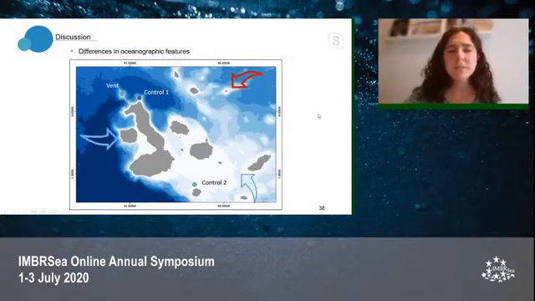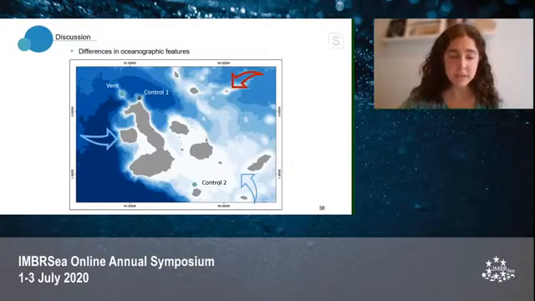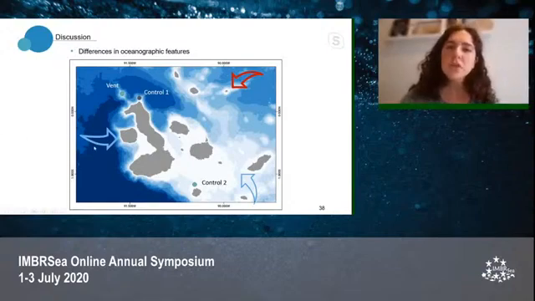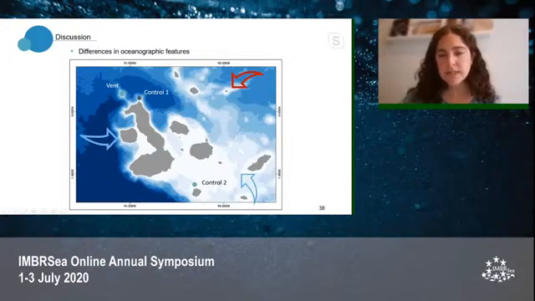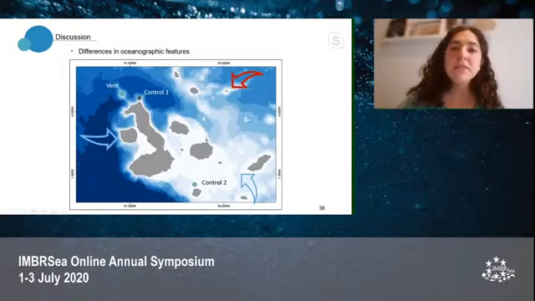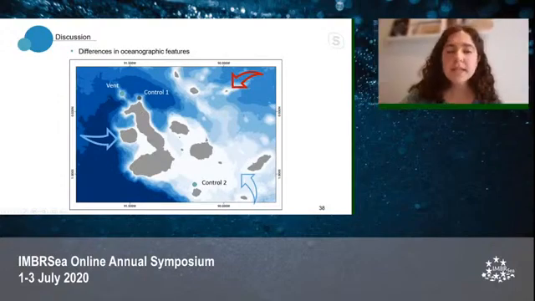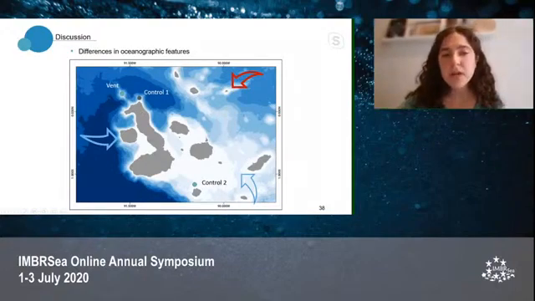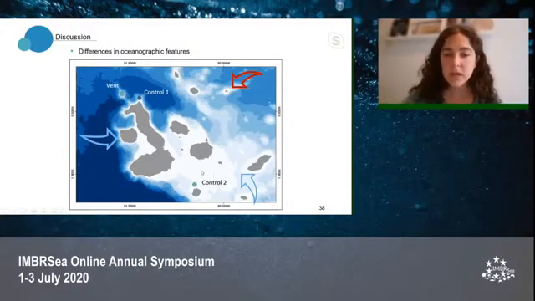So one of the possible reasons behind this is that Galapagos is located in a very dynamic system of currents. So here we have the Cromwell current that brings cold, nutrient-rich water. We have the Panama current bringing warm water from the north, and we have the Peru current bringing cold water from the coast of South America. And this creates very different oceanographic features in the islands, with gradients in temperature and nutrients from northwest to southeast.